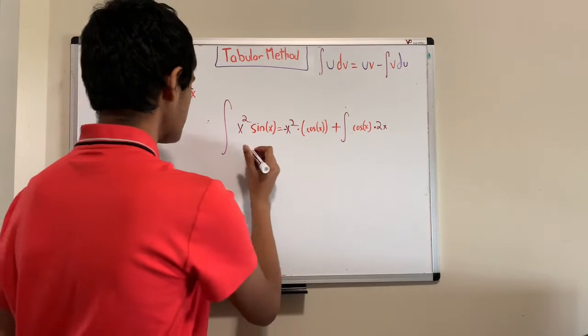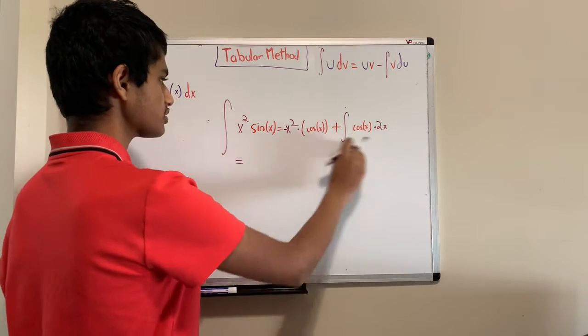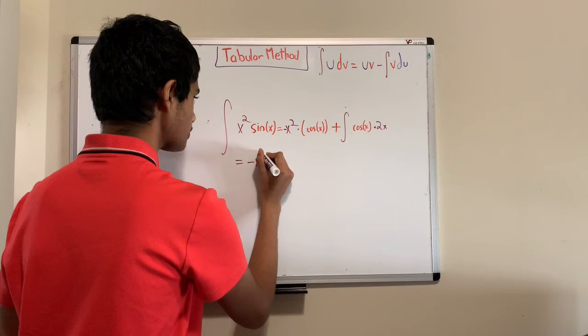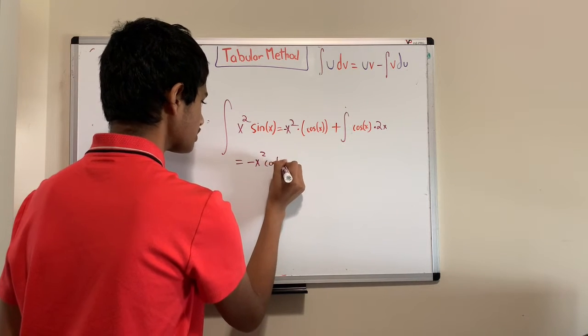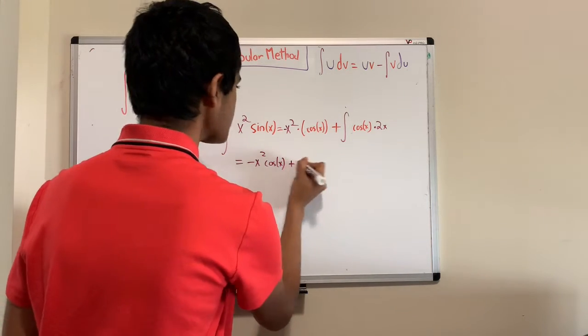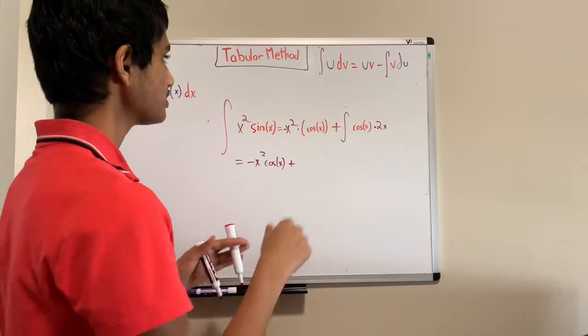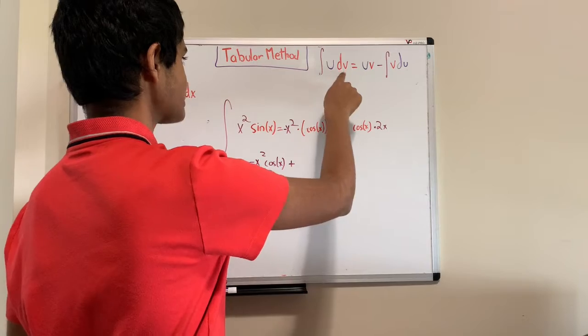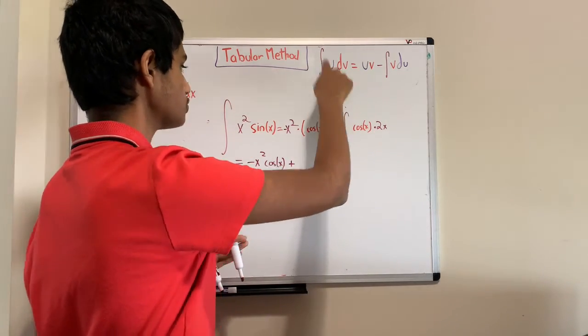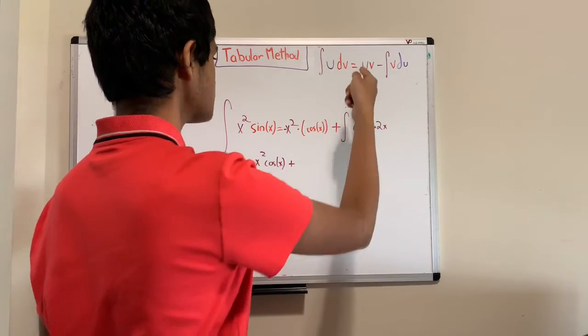So we see here that this all is going to be the same thing as negative x squared cosine of x, leaving the same thing here, plus now we have to solve the integral of cosine of x times 2x. So in this case, we're going to keep cosine of x as dv and 2x as u. So that's going to be the same thing as uv.